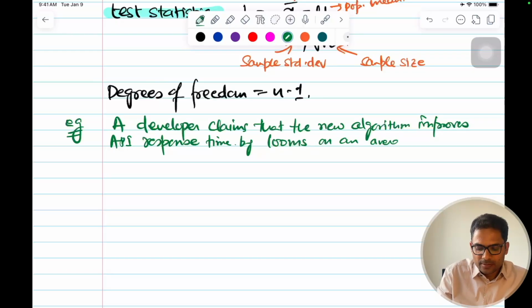So that's the mean. And the tester, or whatever the test suite, verifies this claim.